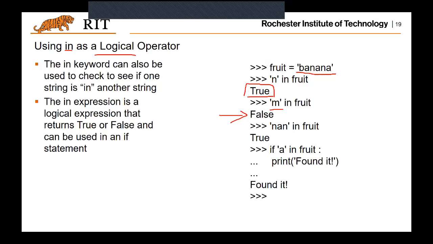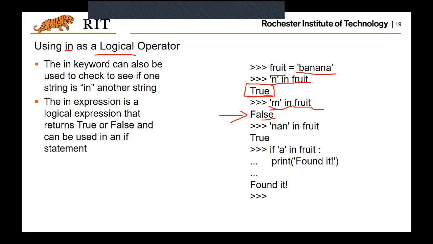So for example, for this banana string, if you type n in fruit, it will show True here. And you can type m in fruit.